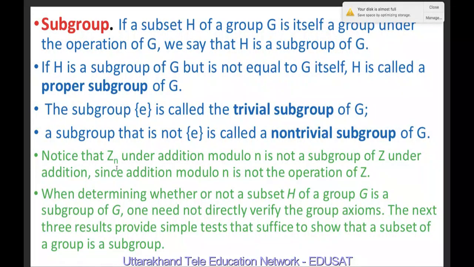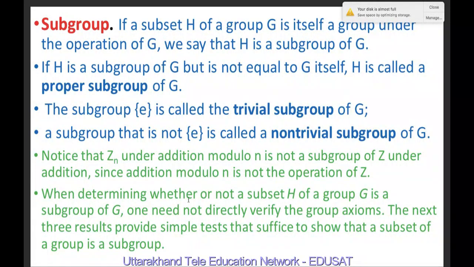Notice that Zn under addition modulo n is not a subgroup of Z under addition, because in Zn the operation is addition modulo n. In Z the operation is addition. Since addition modulo n is not the operation of Z. So for any subset to be a group, it should be a group under the operation of G. The operation should be the same.